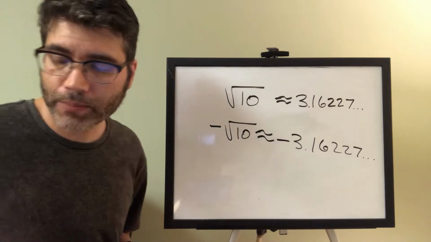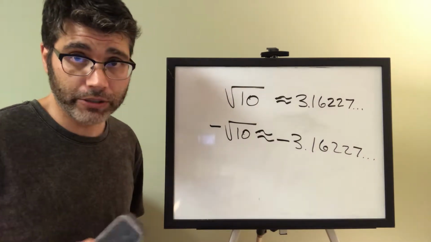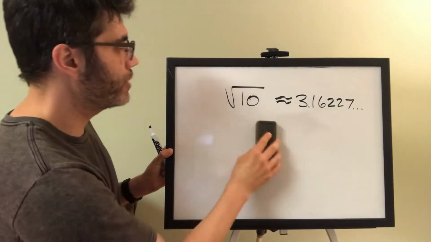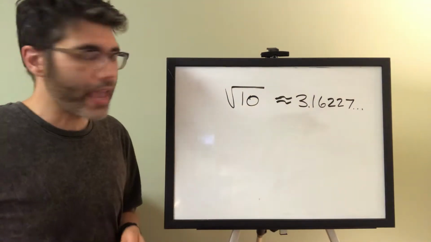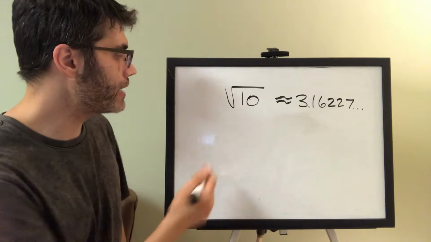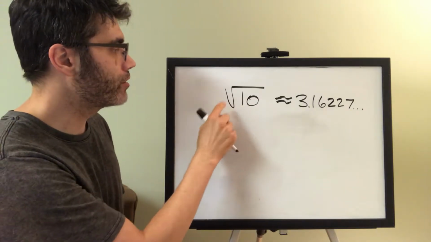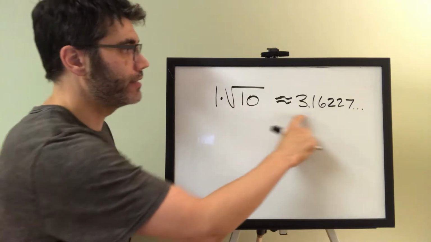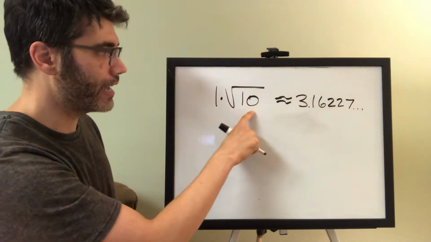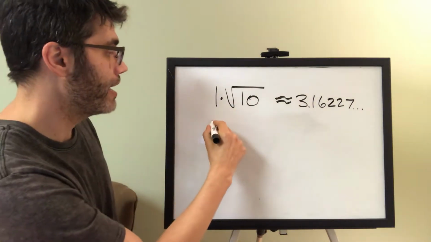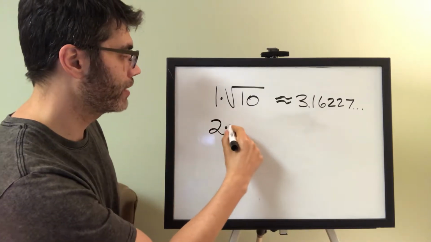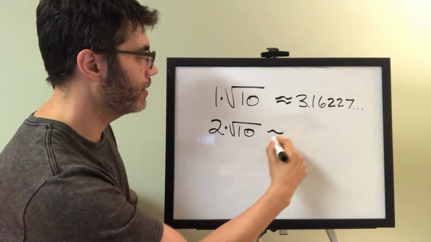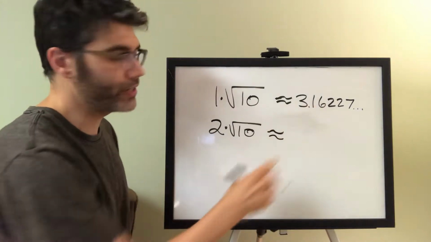Another way that we could come up with more irrational numbers is if we started with an irrational number that we know, and then we multiply it by something. So if I know that 1 times radical 10 is this, then if I multiply 2 times radical 10, I'm going to get another irrational number, just twice as much.